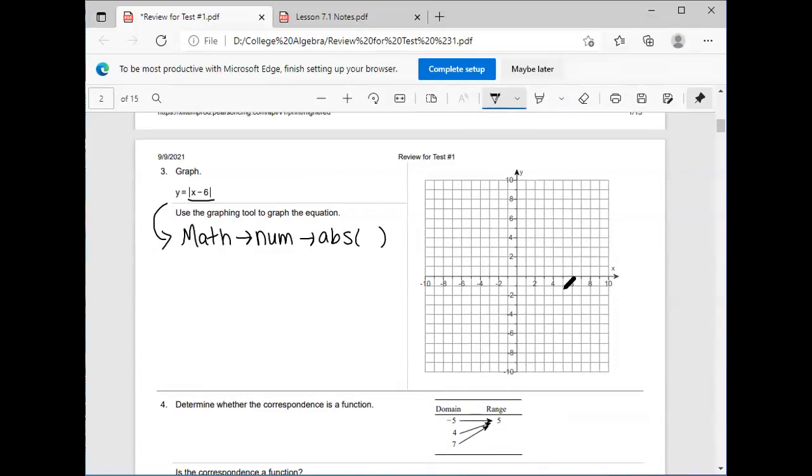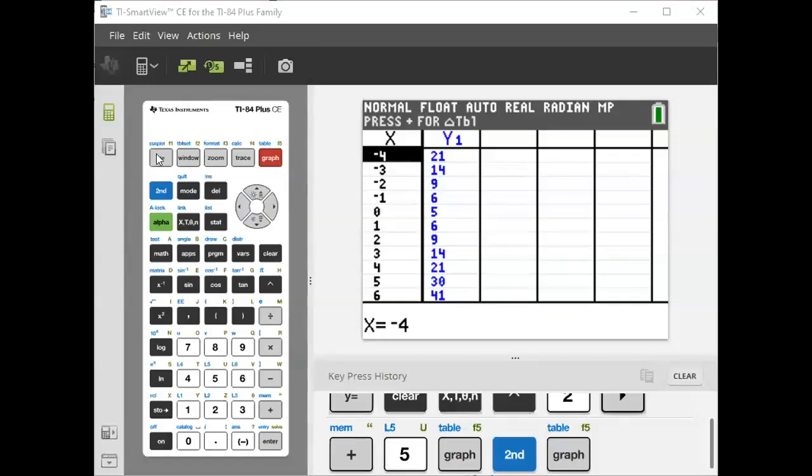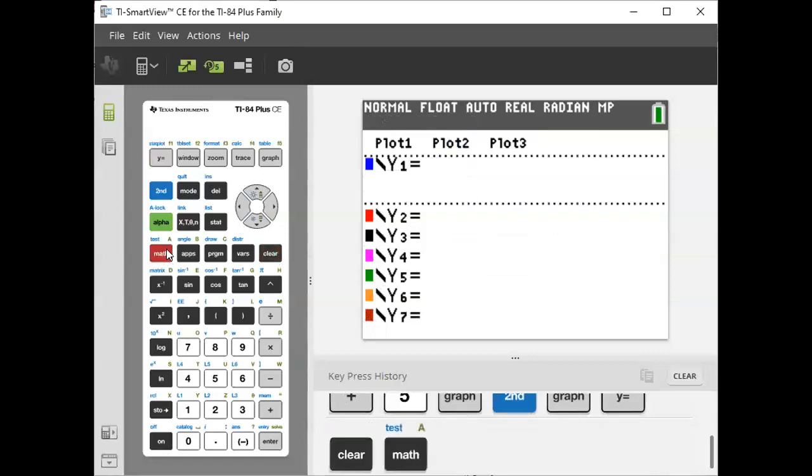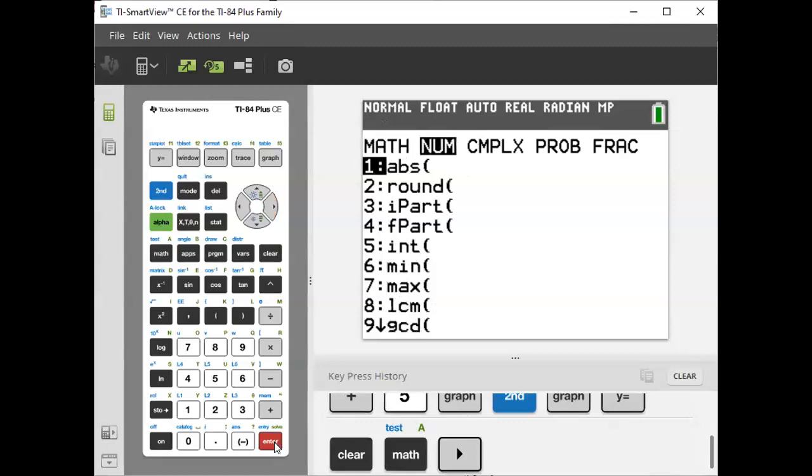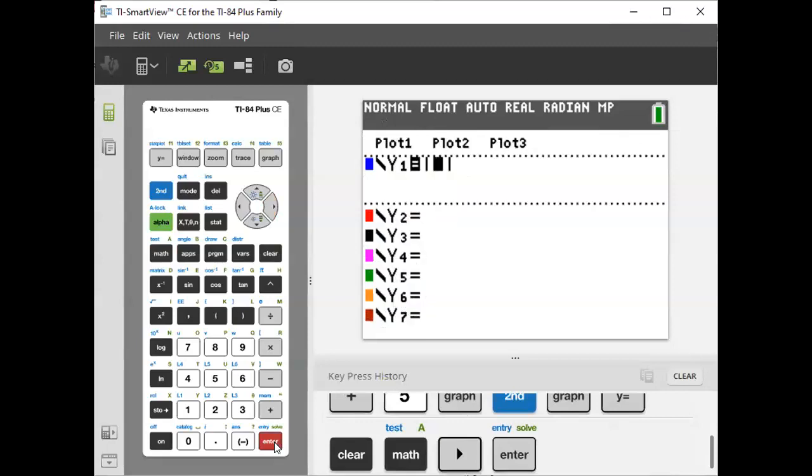So if we want to type that in, we're going to go y equals, math, over to number, and it's ABS, and then you hit enter. Because if you forget how to type that in, you might have some difficulties with that.